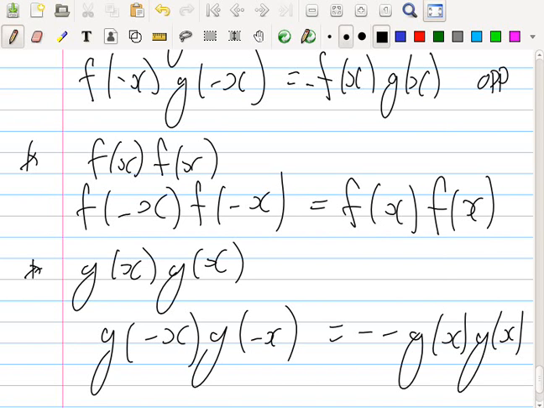So we've done even by odd, even by even, and odd by odd. Yep, because you get 2 minuses here which cancel to make a plus.